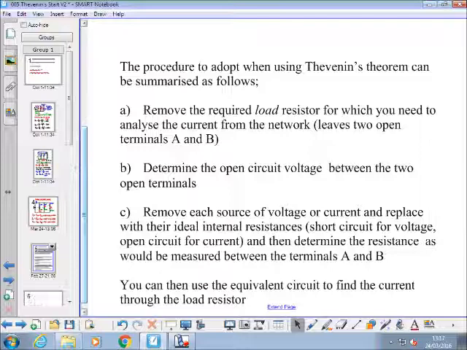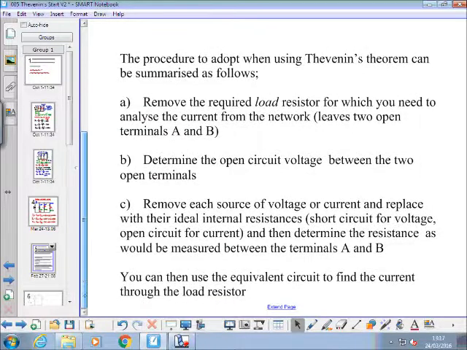We're looking at what is the resistance looking back in at the output. Okay? Determine that resistance. You then use the equivalent circuit to find the current through the load resistor. So what you do then is you've got one voltage source, one resistor, and two terminals A and B.